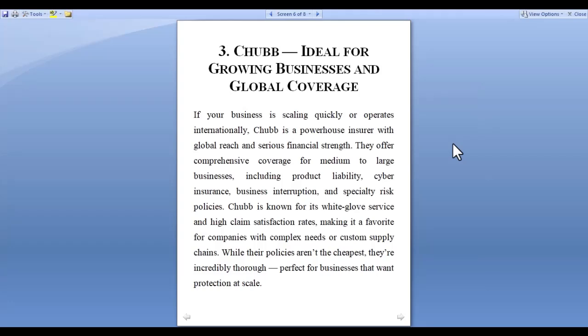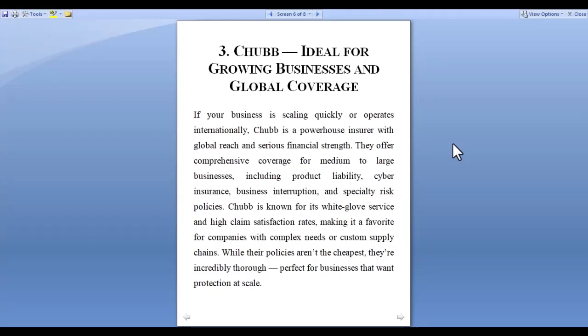If your business is scaling quickly or operates internationally, Chubb is a powerhouse insurer with global reach and serious financial strength. They offer comprehensive coverage for medium to large businesses, including product liability, cyber insurance, business interruption, and specialty risk policies.